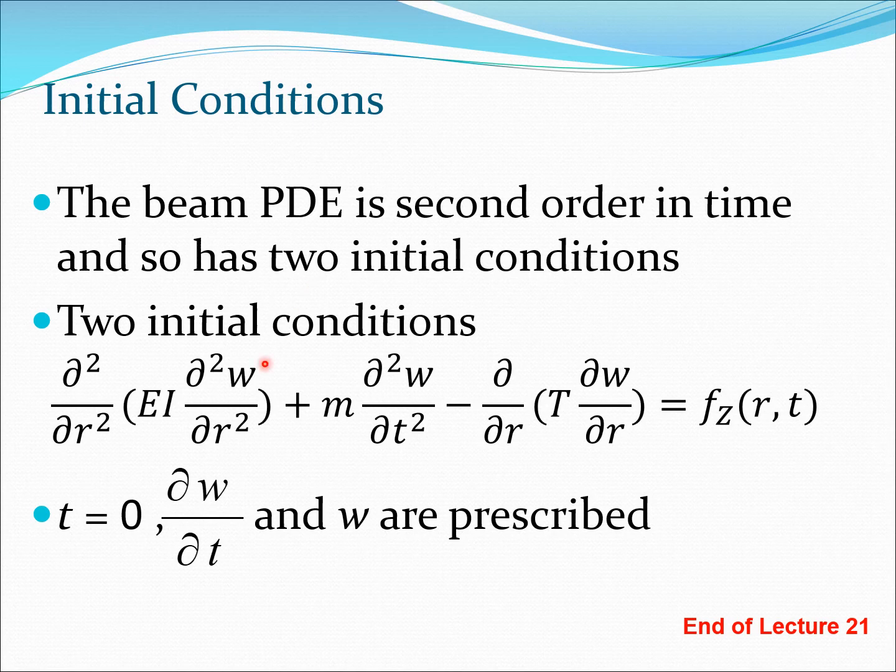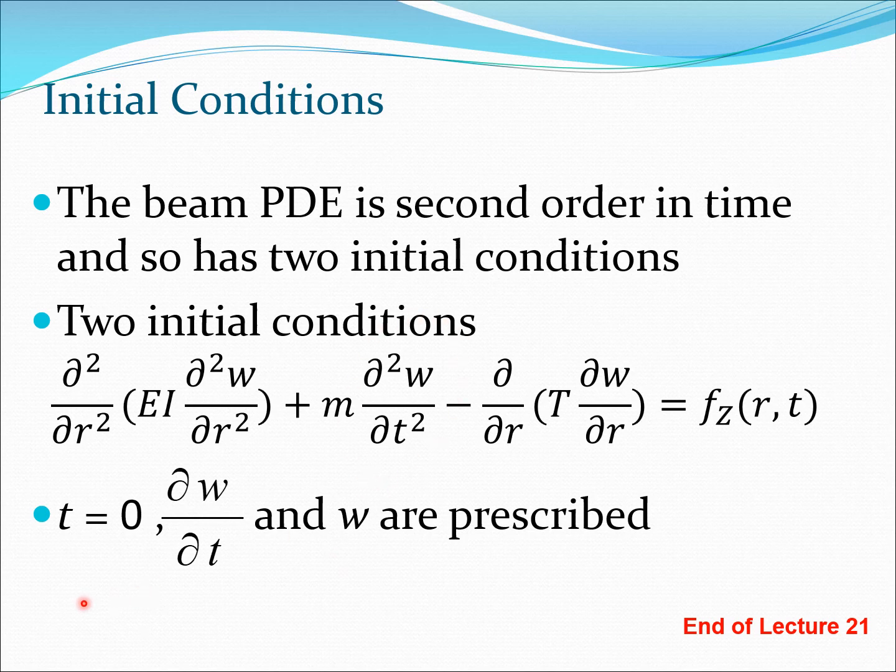So for this beam problem, it's often the case that at t is 0, W and dW by dt are specified. If these are specified at t is 0 or at some different t, then you can use these to find the constants which come in the solution because of time.